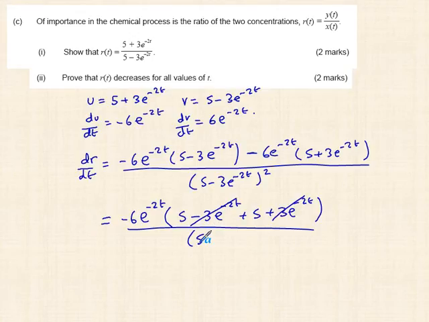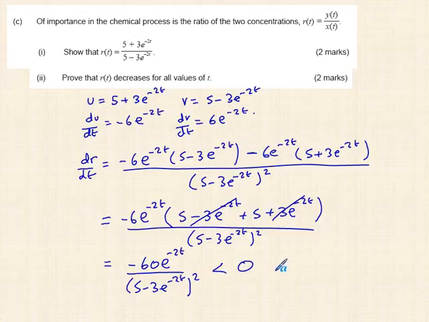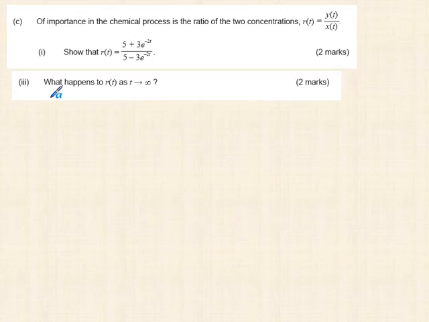All over (5 take away 3e to the negative 2t) squared, and that gives us negative 60e to the negative 2t over (5 minus 3e to the negative 2t) squared, and that has to be less than 0 for all t, because we know the exponential function is never negative.